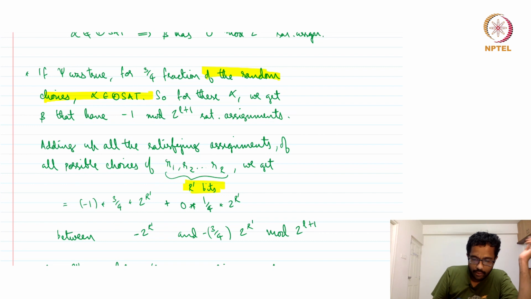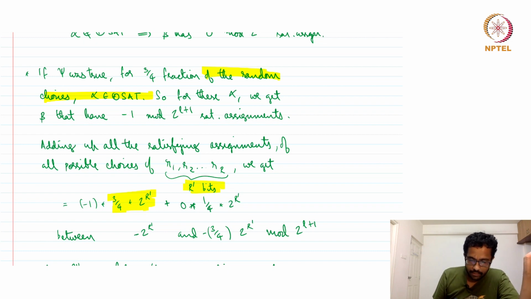So we know at least 3/4 of the 2 power r prime choices give minus 1 modulo 2 power l plus 1, or all of them give yes instances, which is minus 1 multiplied by 2 power r prime.